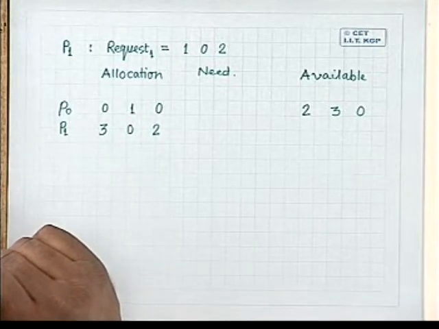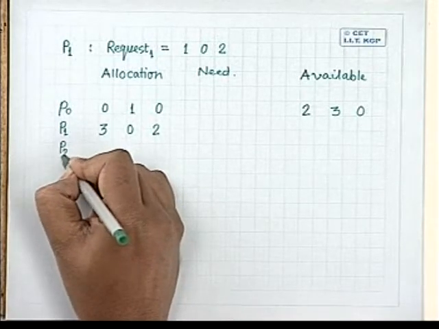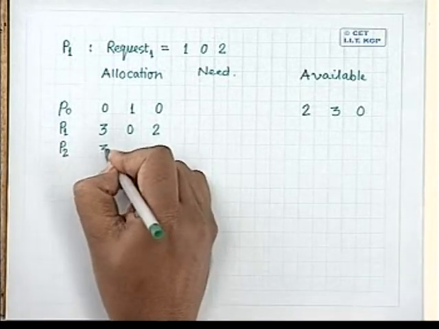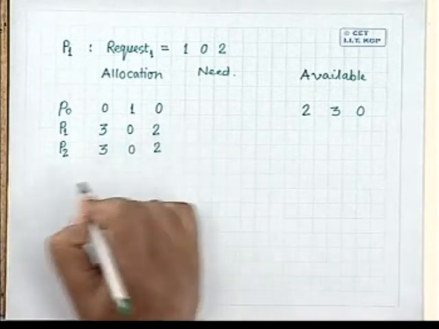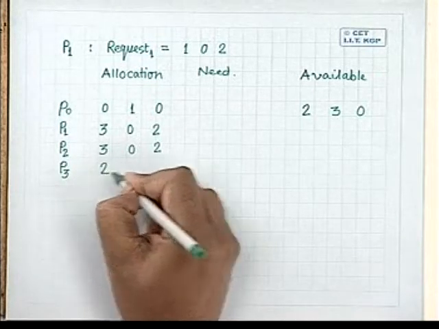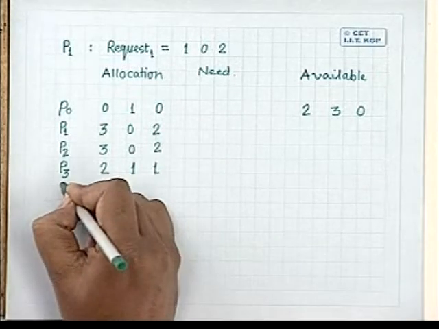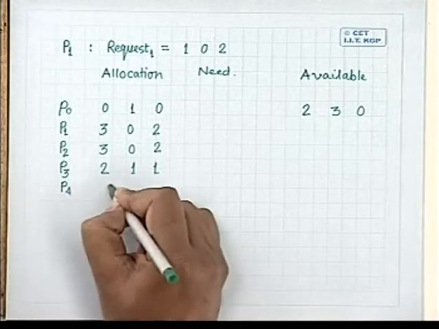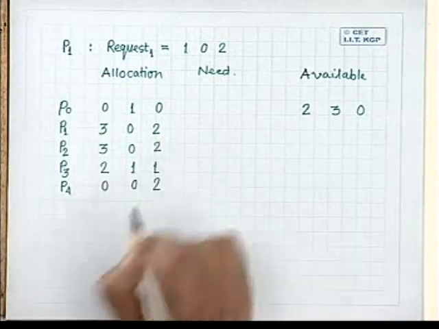Okay. For process P2, it will remain the same, 3, 0, 2 as before. For process P3, it will remain same as before, 2, 1, 1. For process P4, again it will remain as before, 0, 0, 2.